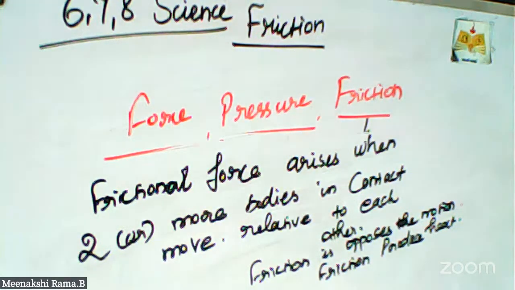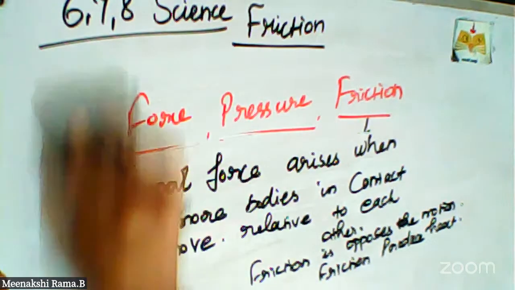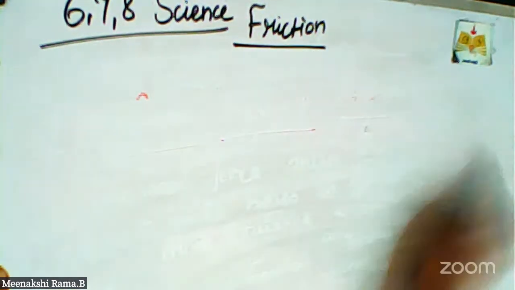Friction is nothing but this: the frictional force, or friction, arises when two or more bodies are in contact and move relative to each other. Okay, so what are the types of friction? There are different kinds of friction. One is static friction, the other is kinetic friction.